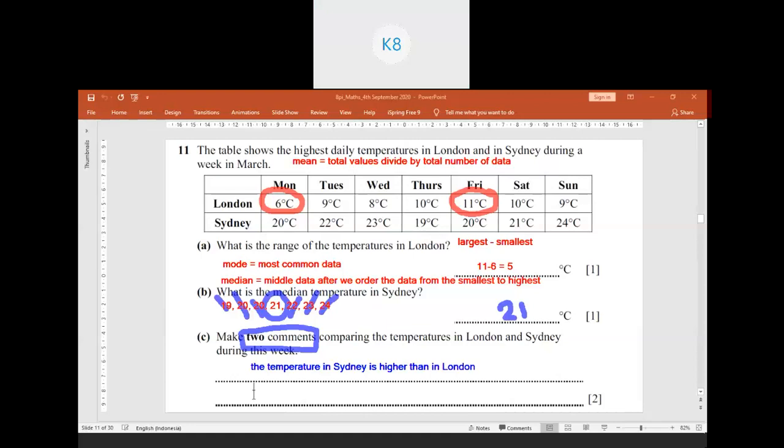The differences in the hours are changing faster in Sydney rather than London. What do you mean? Are there any numbers in hours? I don't think it's given in the data. You have to check from questions A and B. For question A, we have the range, so you can find the range for London and also Sydney. In Sydney, the smallest is 9, the highest is 24.